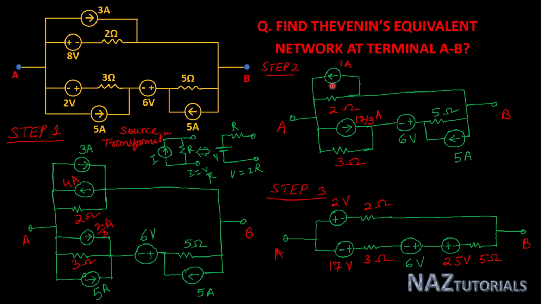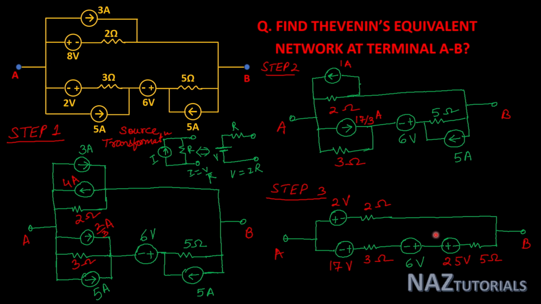This 1 ampere in parallel with 2 ohm is transformed into a voltage source in series with resistance. Voltage source value V is I into R, that is 2 volt in series with 2 ohm. And here 17 by 3 into 3, that is 17 volt in series with 3 ohm.